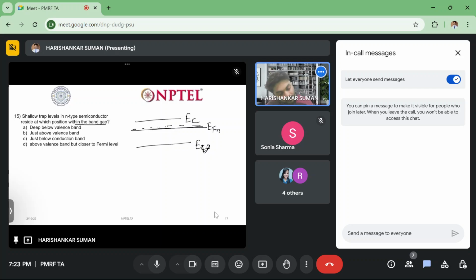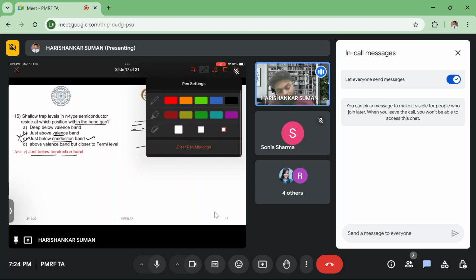The shallow trap will be there. So which is the right option? Just below the conduction band. Sorry, valence band not. This is the conduction band. Okay.